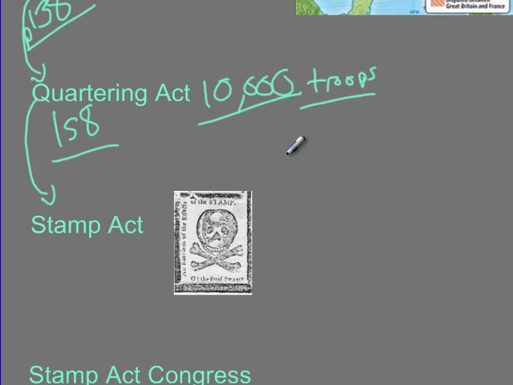And what they don't think about is, where are all of these troops going to live? I wonder. It's really expensive to build new places, so we'll just have them live with the colonists, and they'll have to take British soldiers in. So that's what the Quartering Act is all about. It's trying to provide housing for British troops, and they're going to do that by just forcing the colonists to take in the British troops.